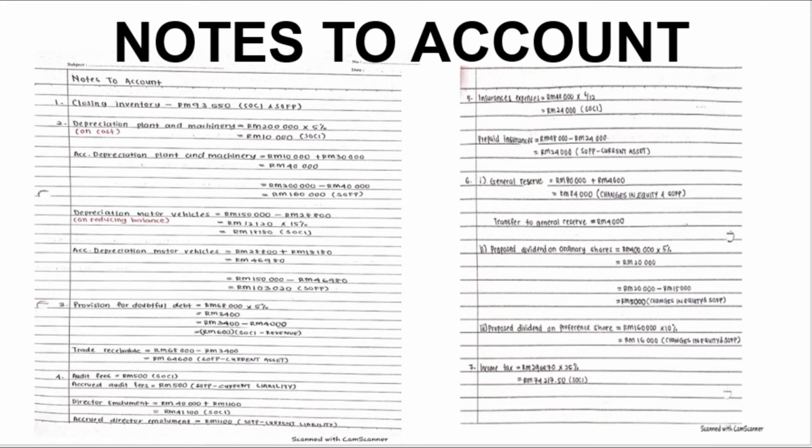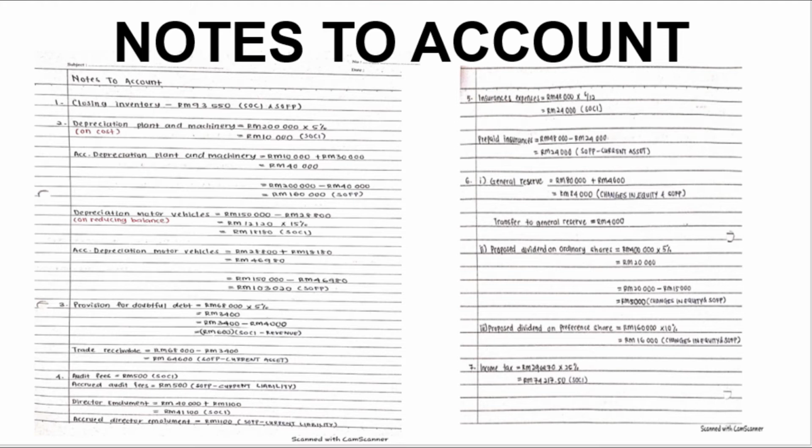The calculation is 6 over 12 multiplied by 48,000 from the trial balance, and the answer is 24,000, which is included in the statement of comprehensive income. And then 48,000 minus 24,000 is equal to 24,000. The 24,000 is the prepaid insurance, which must be placed in the statement of financial position under current asset.